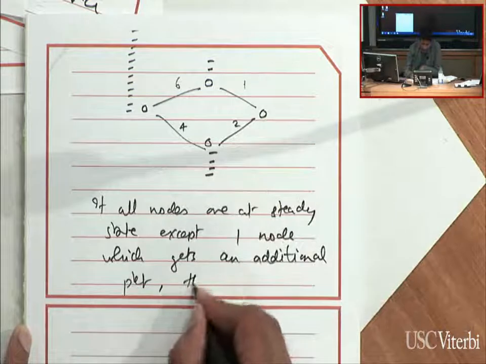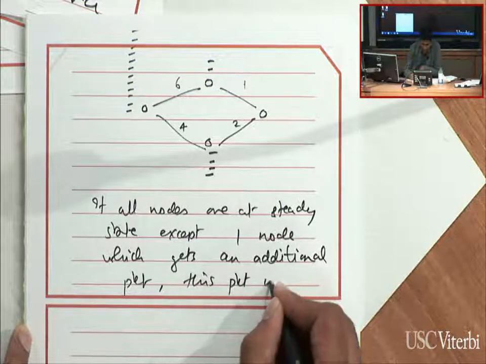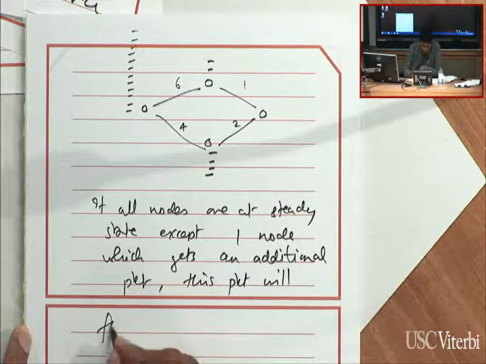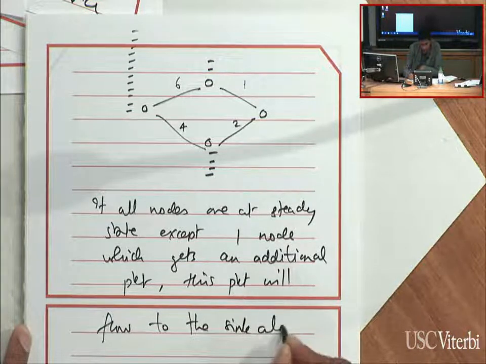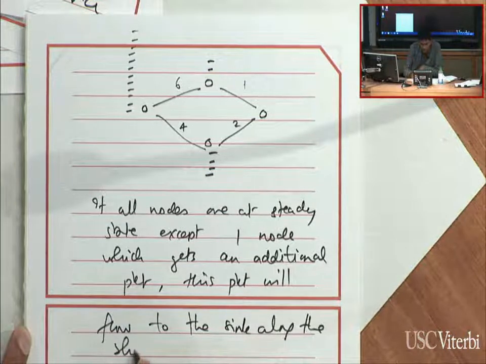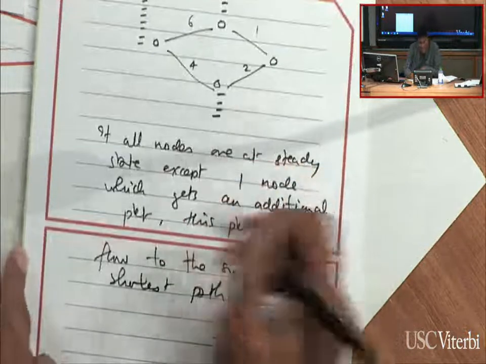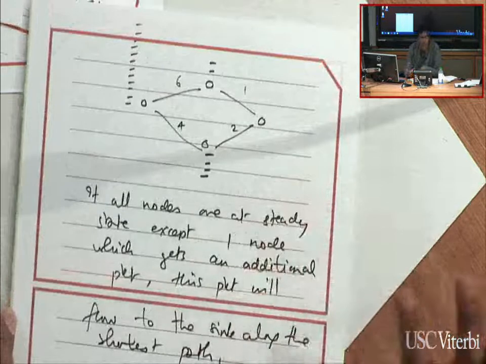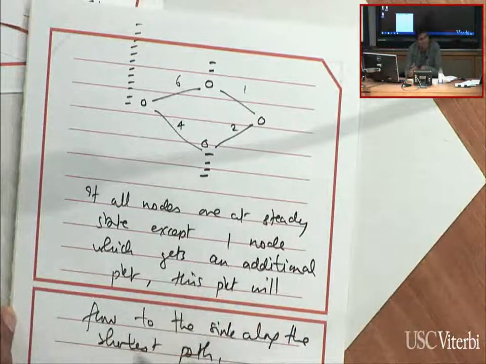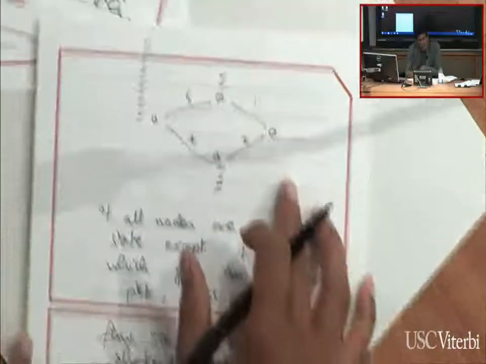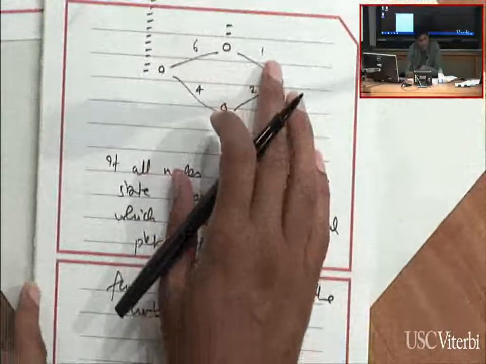Okay, this packet will flow to the sink along the shortest path. So this is the sense in which BCP actually behaves like a shortest path routing protocol. But it doesn't do this all the time. It only does this when all the queues are sort of in this steady state configuration.